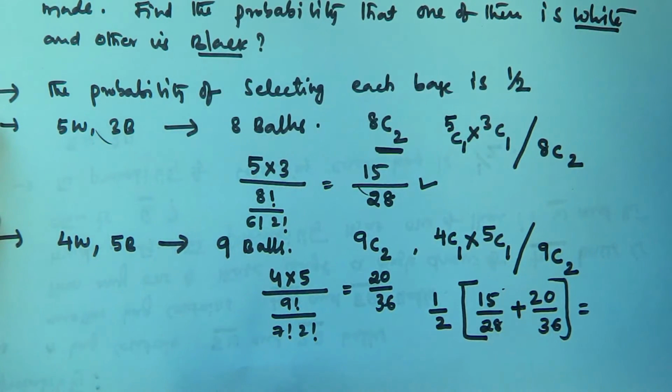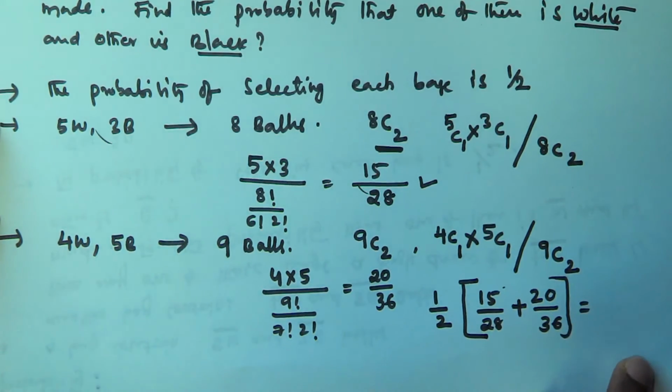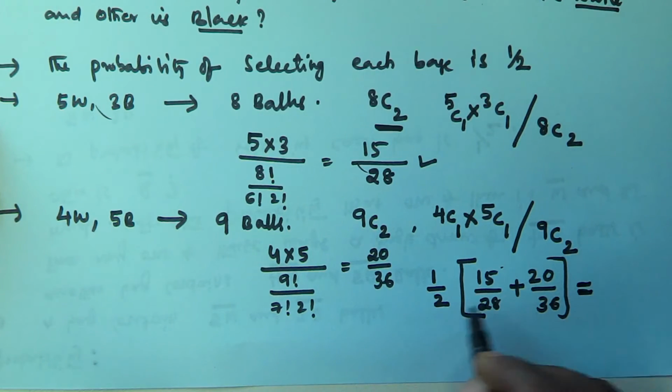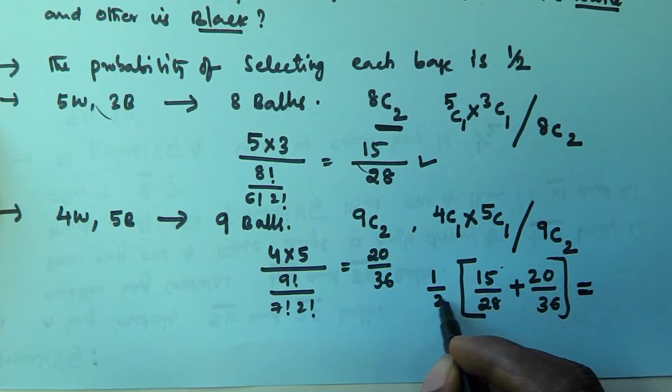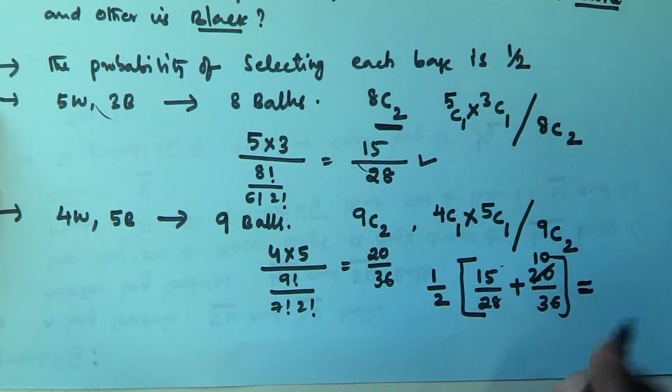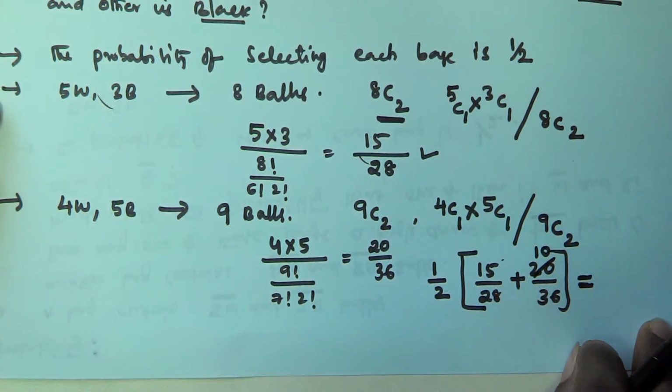So that is going to be equal to how much? We'll solve this one. So 15 by 48, and whatever value we get is the probability of this one. 2 fives are 10, and 15 by 56.